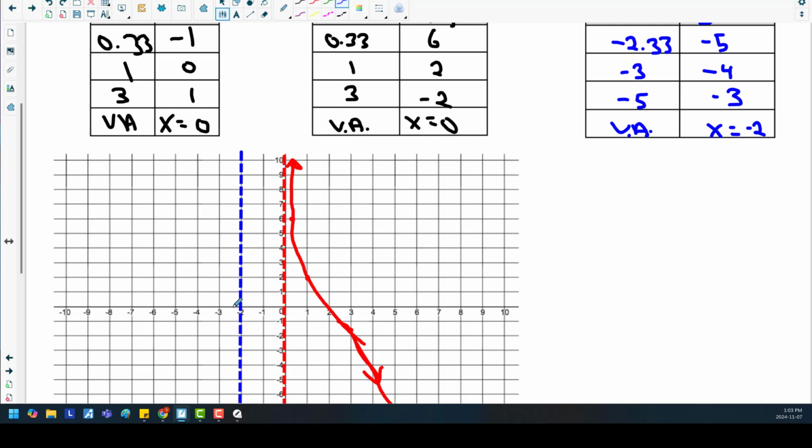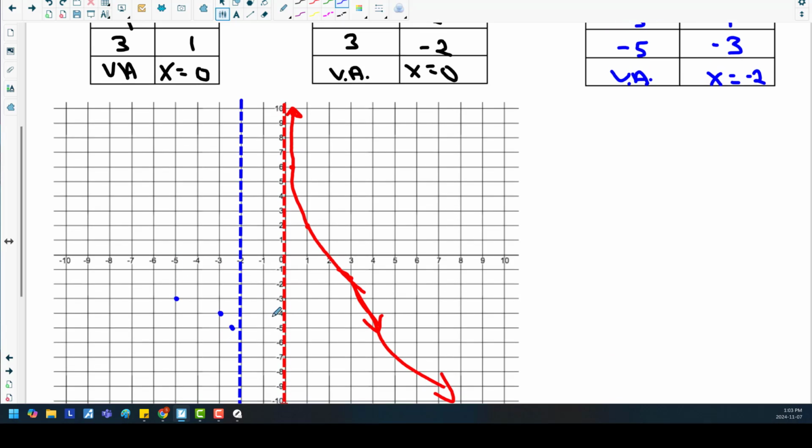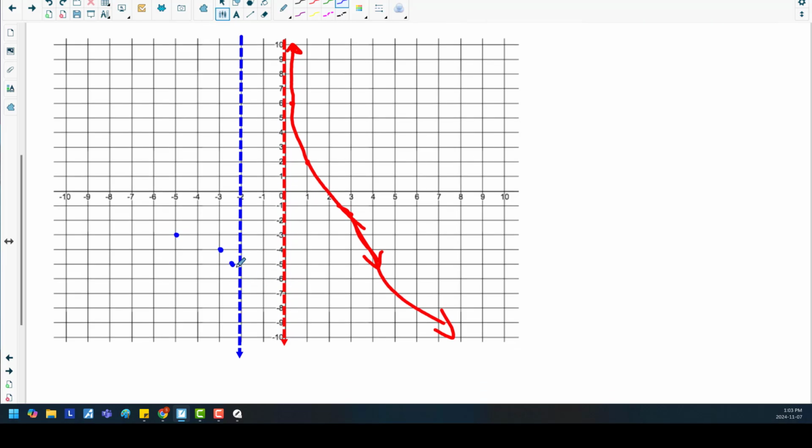So -2.33 and -5, so that's here. We have -3 and -4, so -3 and -4, that's here. We have -5 and -3, -5 and -3, that is here. So what's happening here? It's got to go down like this. It's got to be like that, and that's got to go up like that.